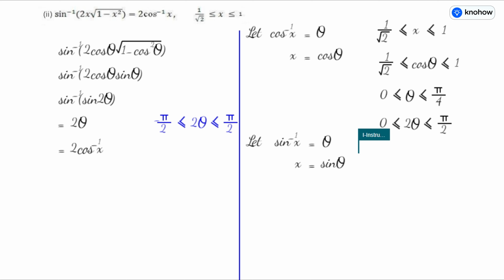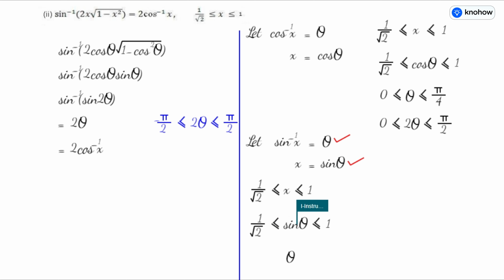Then x lies between 1 by root 2 to 1. So sine theta lies between 1 by root 2 to 1.